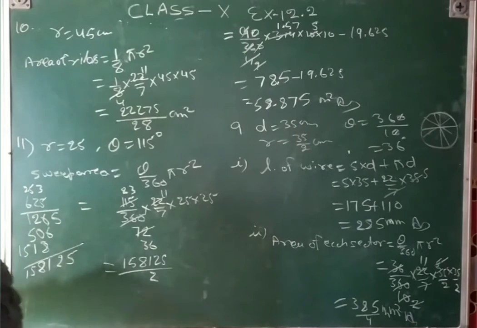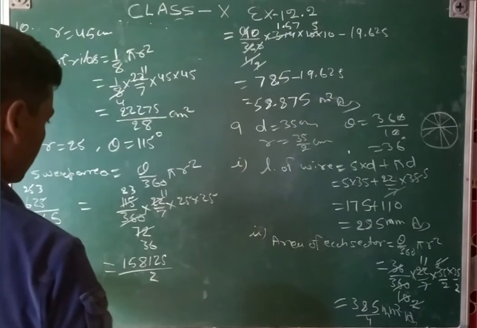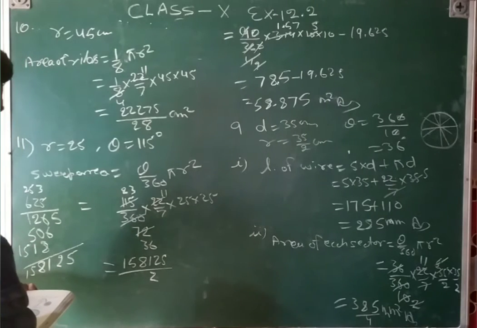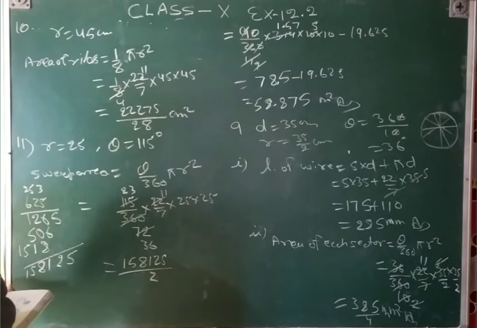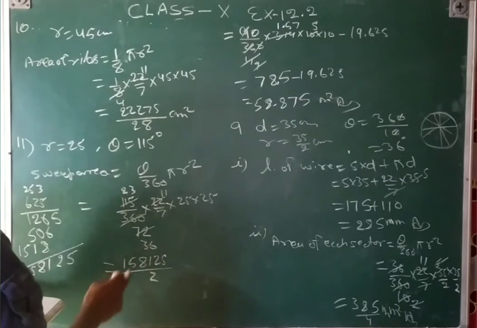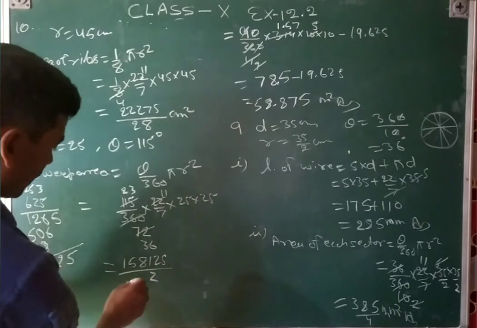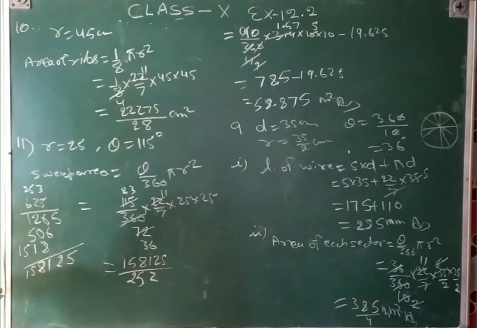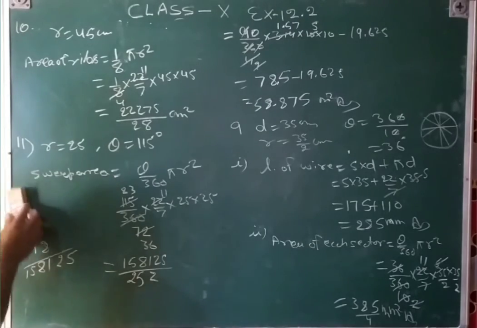That will be 7 6 ja 42. Any more number can be cancelled of this one? No. 7 6 ja 42, 7 3 ja 21, 25. That is 252. This is the swept area.